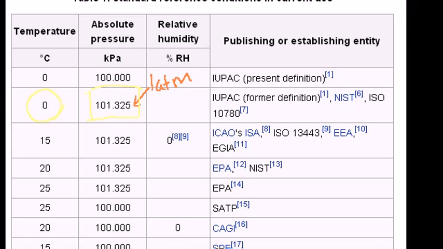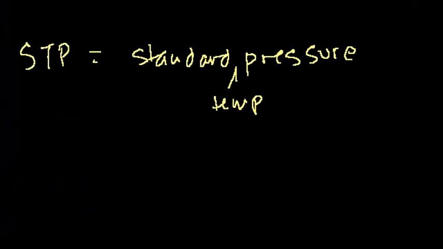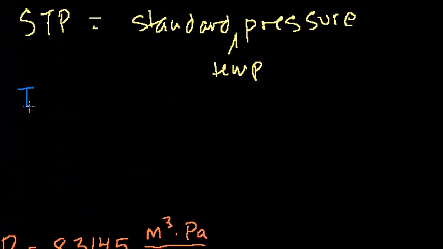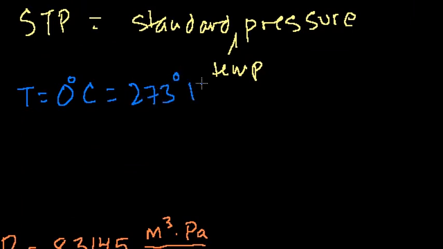But let's say that these are all different standard temperatures and pressures based on different standard-making bodies, so they can't really agree with each other. But let's say we took this as a definition of standard temperature and pressure. So we're assuming a temperature equal to 0 degrees Celsius, which is equal to 273 degrees Kelvin.